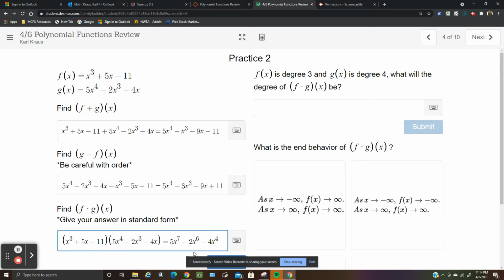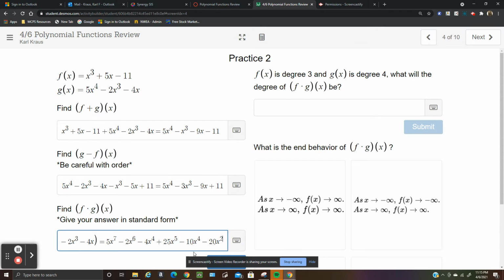And then plus 25x to the fifth, minus 10x to the fourth, minus 20x squared.